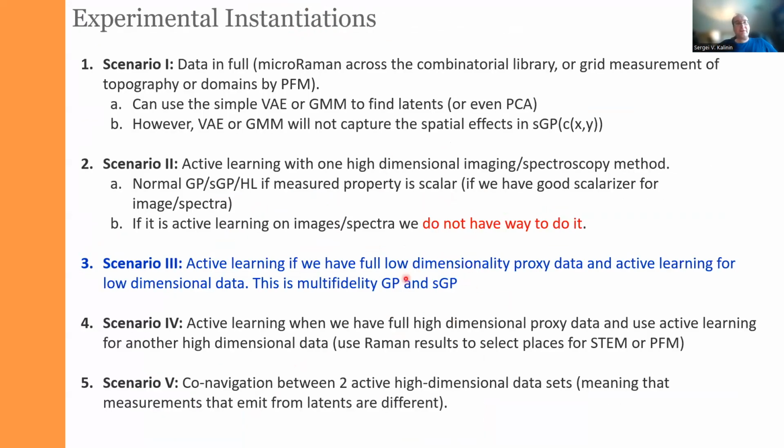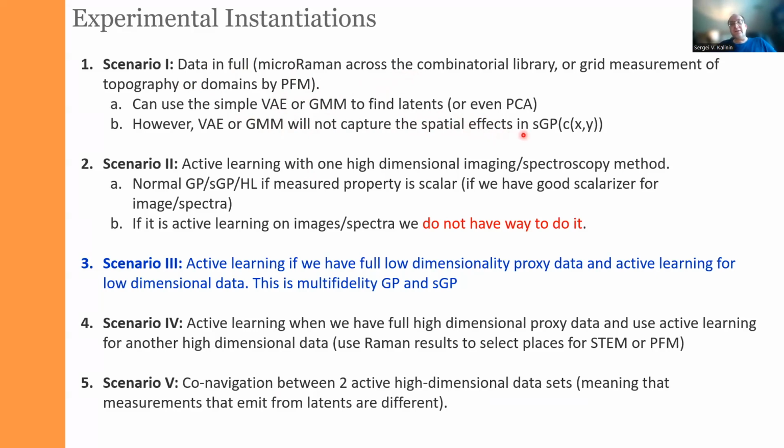So one of the interesting things that I played with recently is to identify the possible scenarios from the experimental viewpoint. So for example, imagine that we have micro-Raman measurements everywhere. In this case, we can actually use the simple VAE in order to find latents, but it will not capture the spatial effects, meaning correlations between the adjacent locations.